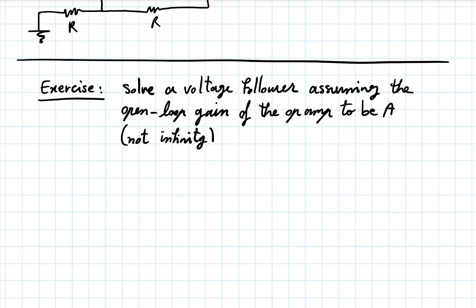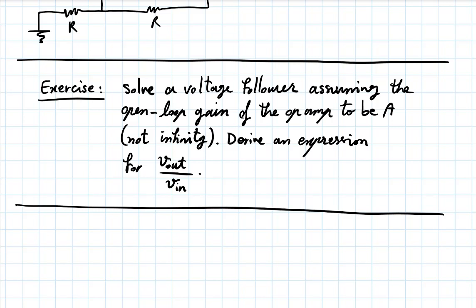Derive an expression for V out over V in. And you should see the effect of that finite value of A. And in the limit, set that A to infinity and see if you recover what we have done already. That's just to give you a feel for what this would do.